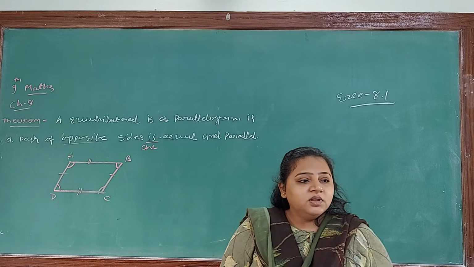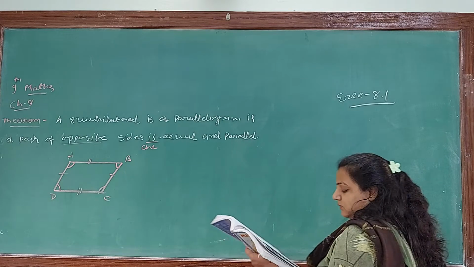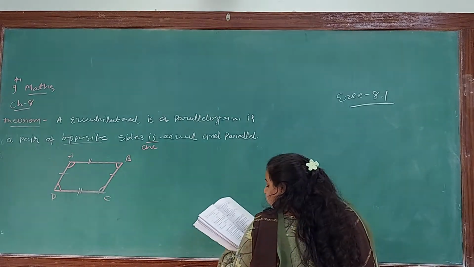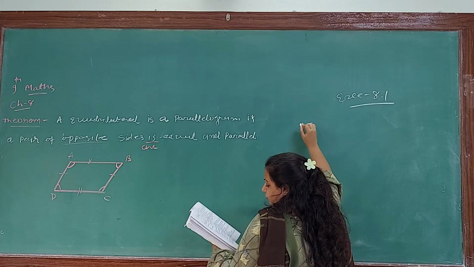Loud. Remove your mask. The angles of a quadrilateral are in the ratio 3:5:9:13. Find all the angles of the quadrilateral.